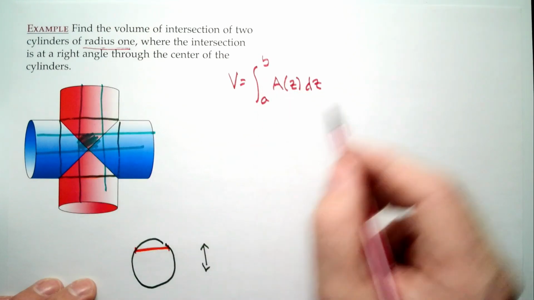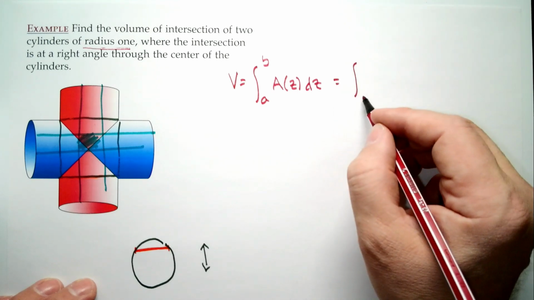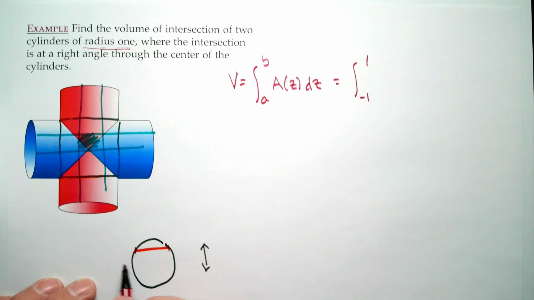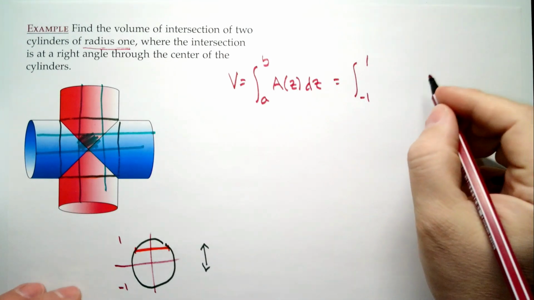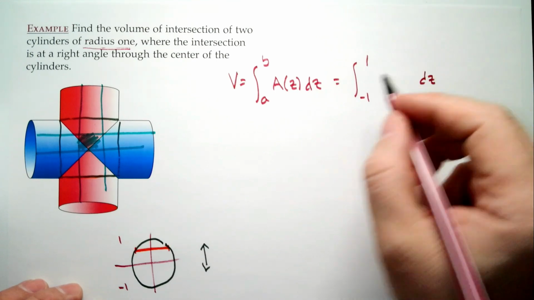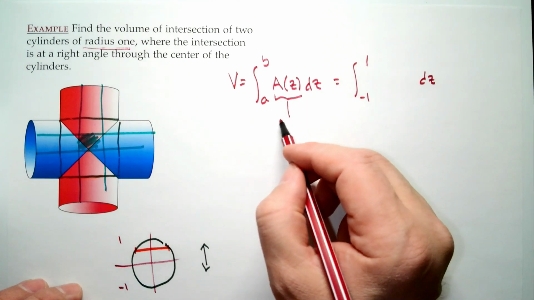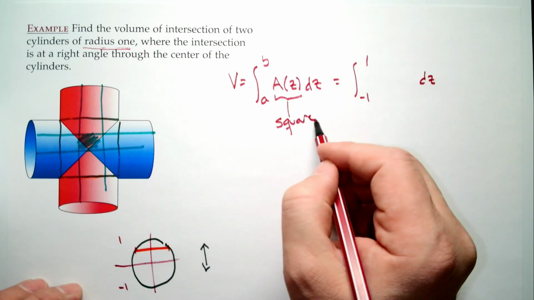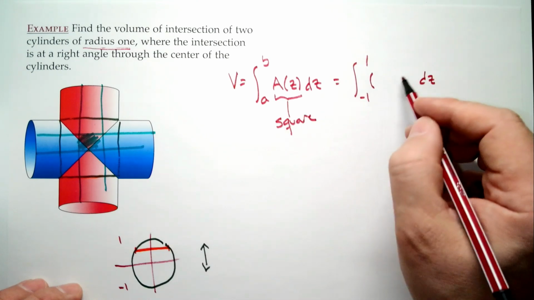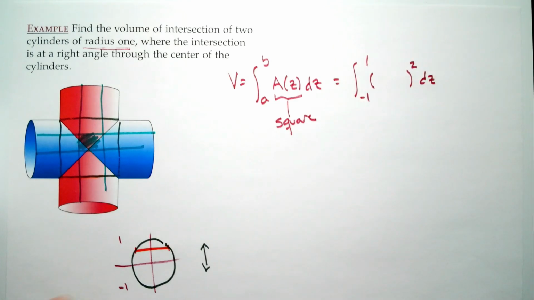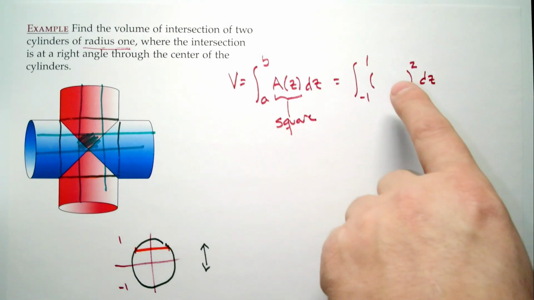We know these have radius 1, so we can think of this as going from -1 to +1. My dz is still fine. And the area, well, this is going to be a square, so I compute the area of a square by squaring something. What I need to figure out is what is the right choice. What goes into that piece?